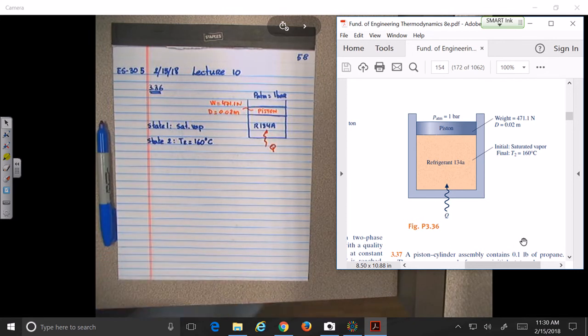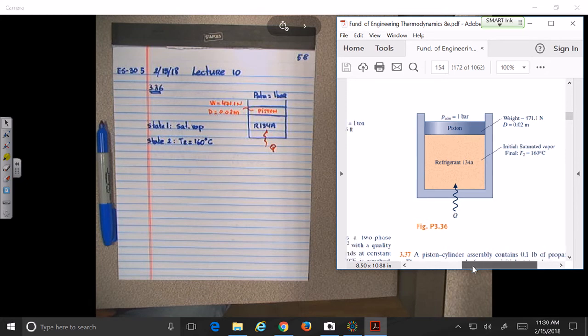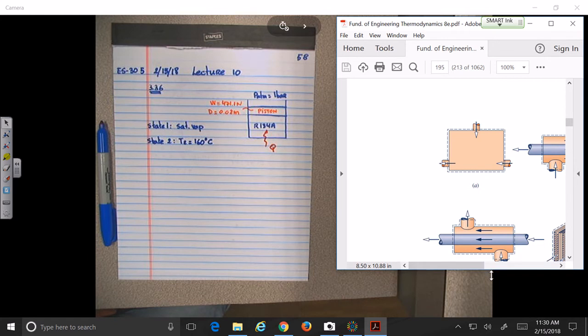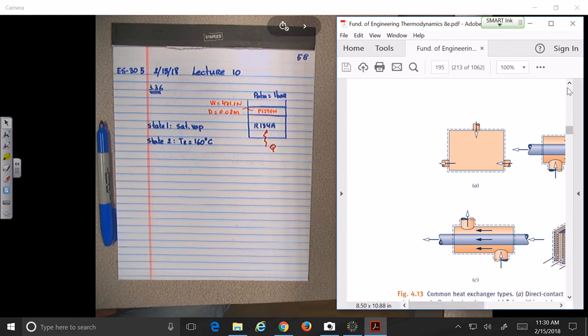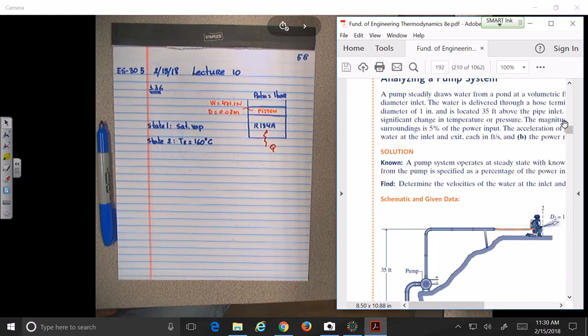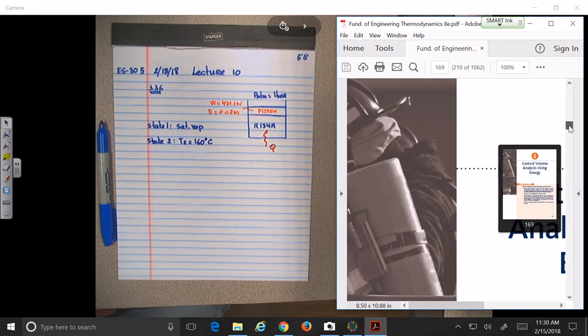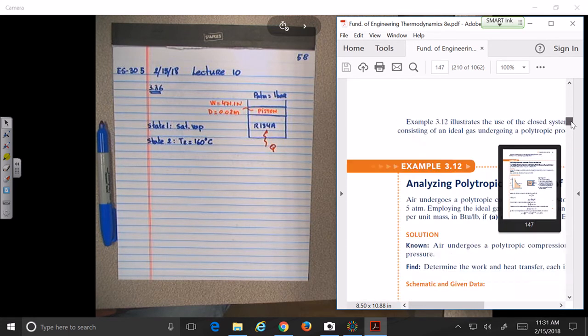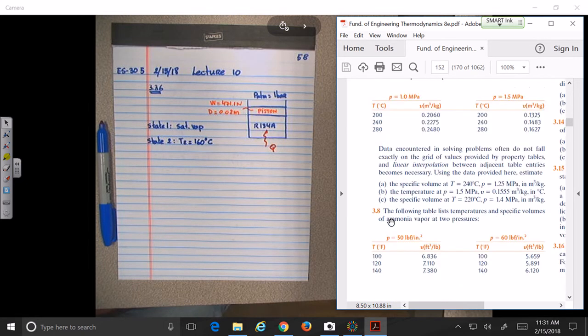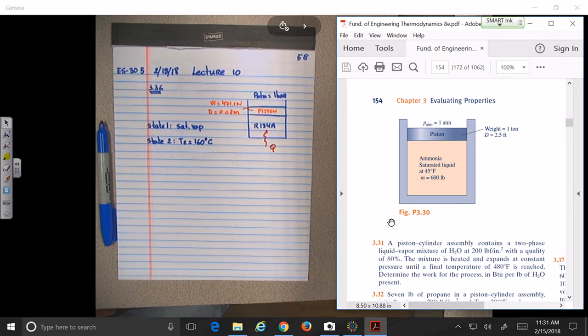Okay, so now let me go back to the problem statement, see if we can get any additional information. Oh, I moved this one instead of the page. Let me page down to 336.